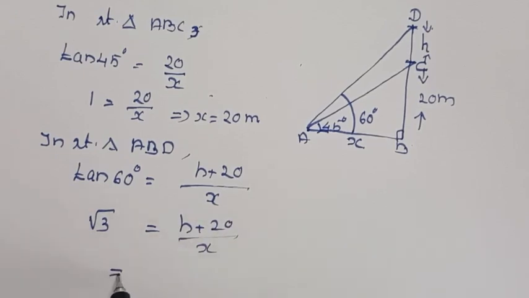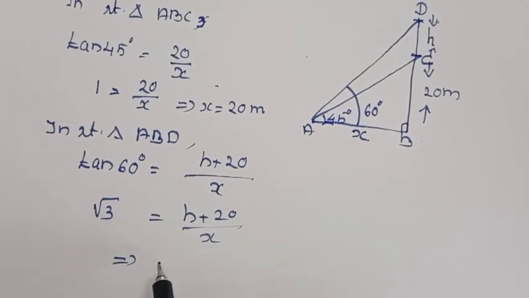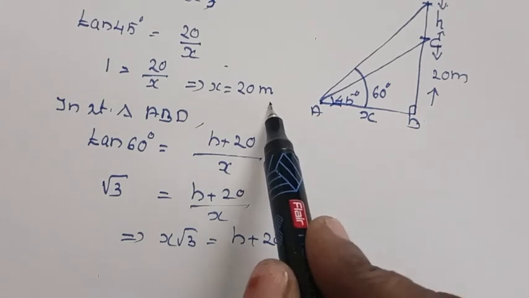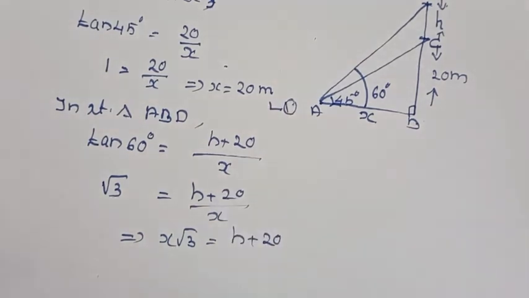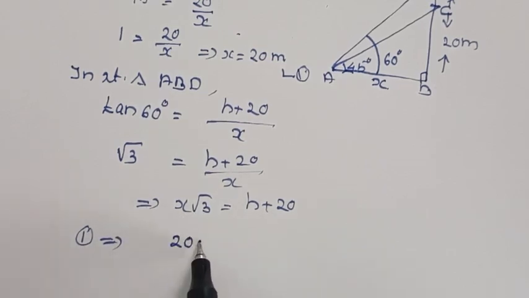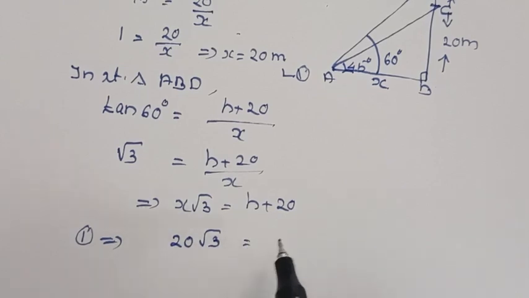Now cross multiplying we get x root 3 equal to h plus 20. We can number this equation as 1. Substituting the value of x from 1, instead of x we can substitute 20, isn't it? 20 root 3 equals h plus 20.